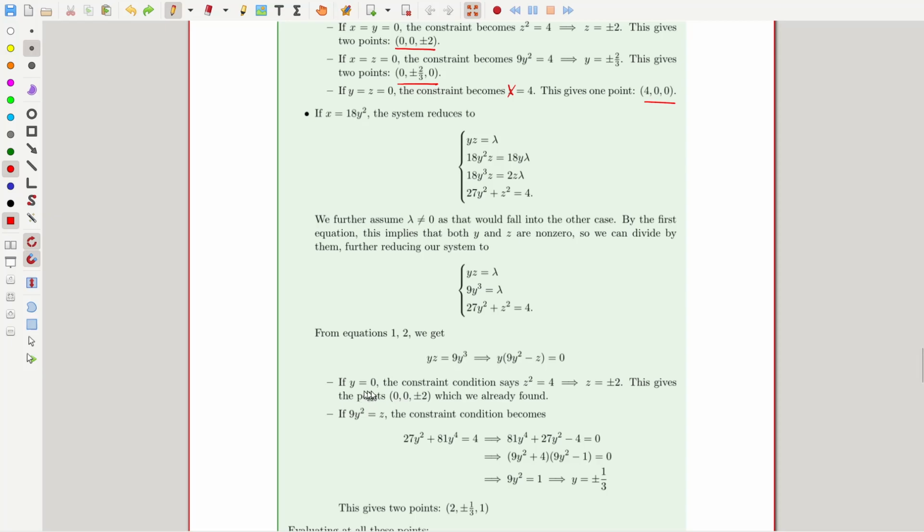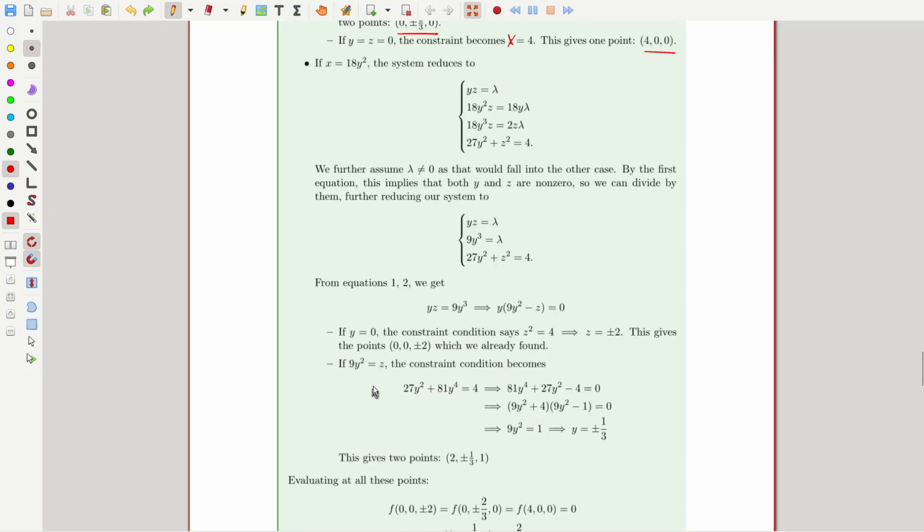Okay. So the next subcase is where z is equal to 9y squared. And plugging that into the constraint, which is here, we get 27 plus 9y squared is equal to, wait, no, they don't double up. I was careful there.